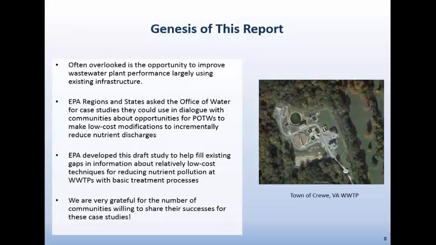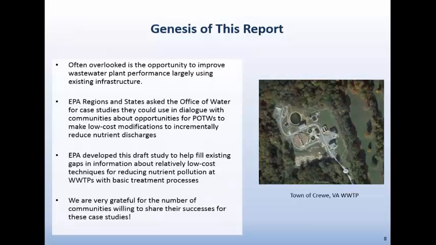So we were asked if there were any case studies out there that could be used in a dialogue with communities to show them what opportunities there are for POTWs to make low-cost modifications and to incrementally reduce nutrient discharges. So EPA developed this draft study to help fill existing gaps in information about these low-cost techniques.